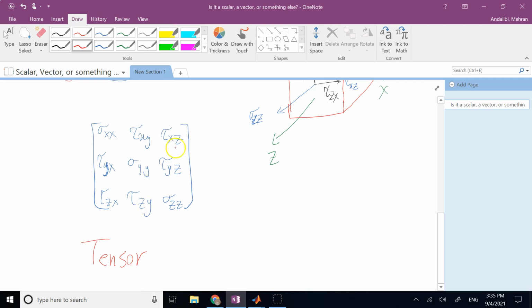Okay, and to show how many directions a physical quantity needs to specify it, we give it what we call a rank. So if it needs two directions, we say this is a tensor of rank 2, which means it needs two directions.